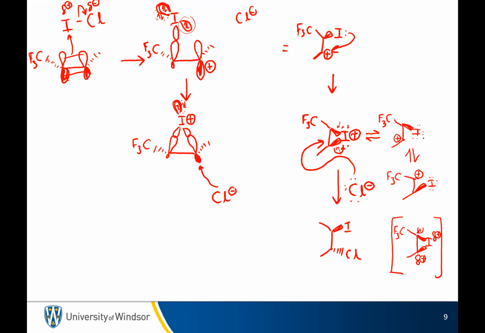So if the molecule can switch between these two guys, it wants to spend most of its time like this, out of these two, because the positive charge is not next to the CF3. So more of the positive charge character of this molecule is on that carbon.